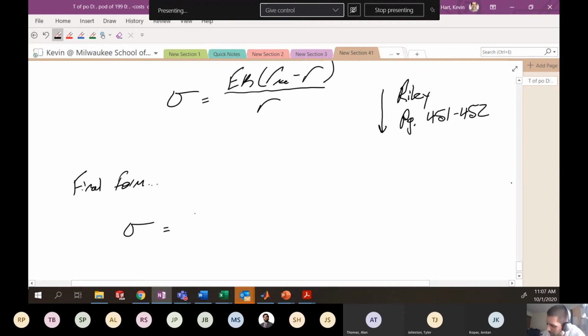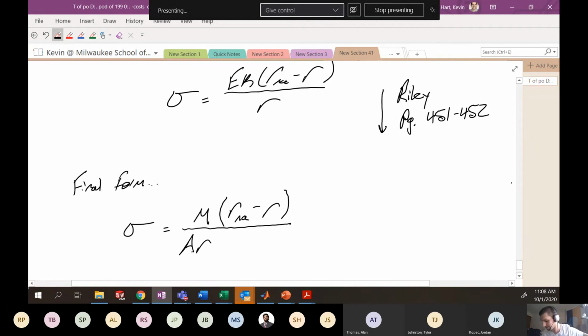The stress is the moment on the cross section, multiplied by the location of the neutral axis minus the distance to the point of interest r, all divided by cross-sectional area A multiplied by r.